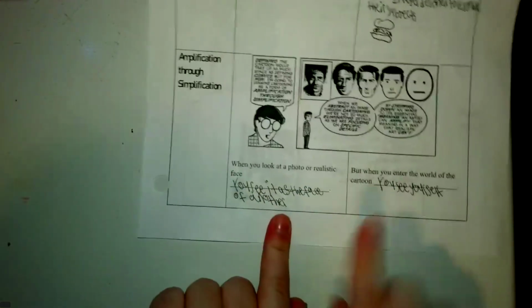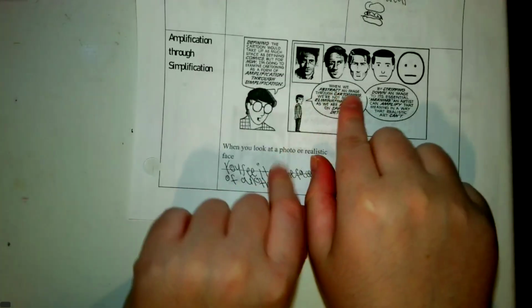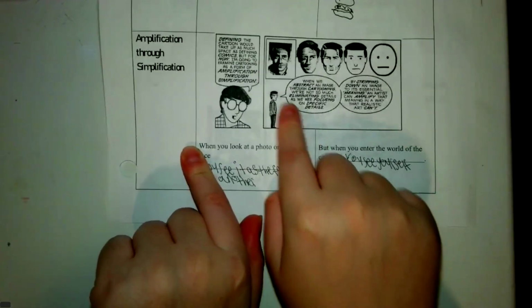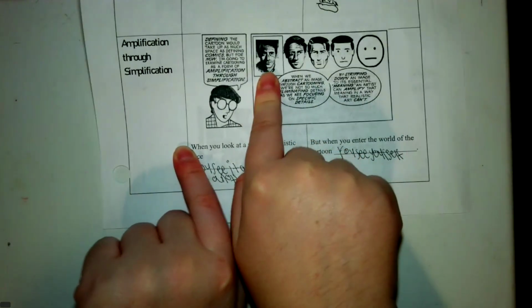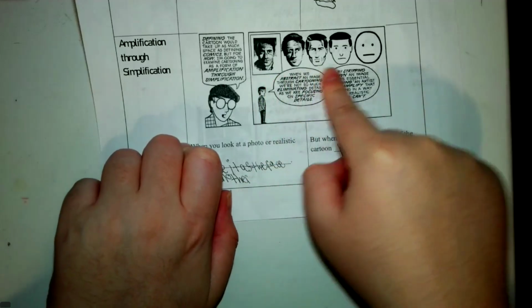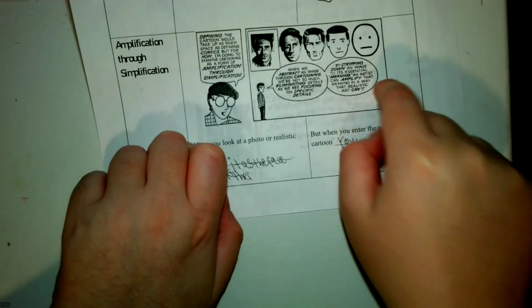I'm not going to tell you the answer, but I also want you to look at this visual right here. Why did they go from very detailed to less detail every time? Why do you think that?